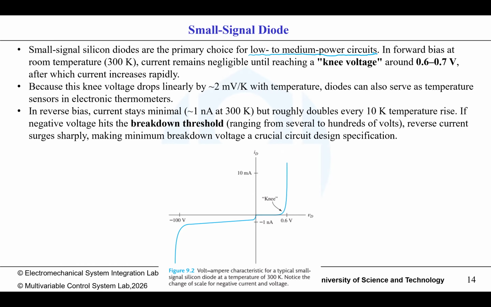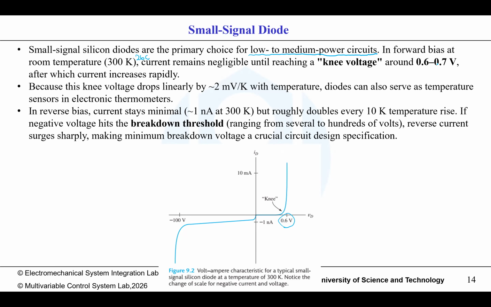In forward bias at room temperature, about 300 K, about 26 Celsius, current remains negligible until reaching a knee voltage. That's what I said, knee voltage around 0.6 to 0.7 volts, after which current increases rapidly.